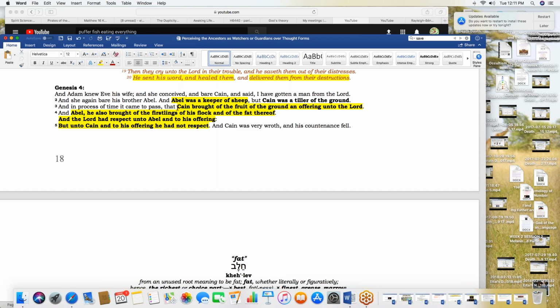And in the process of time, Cain brought of the fruit of the ground an offering unto the Lord. And Abel brought the meat and the fat thereof. And the Lord had respect unto Abel and his offering. Is that a paradox? That's an excellent paradox.